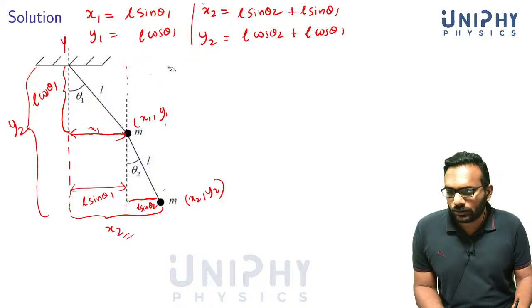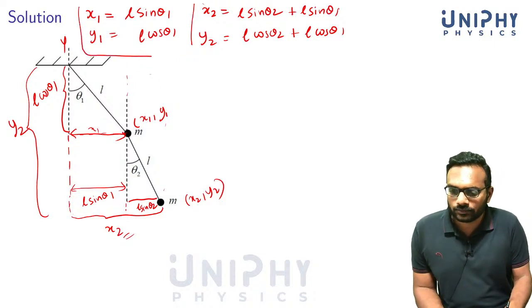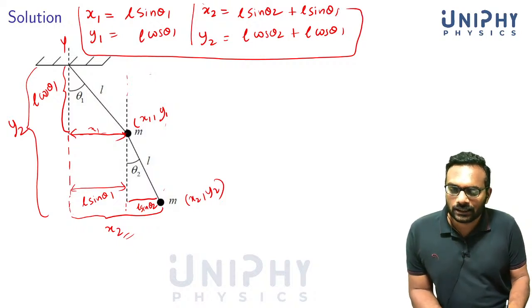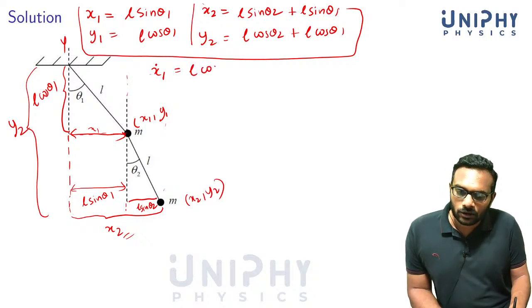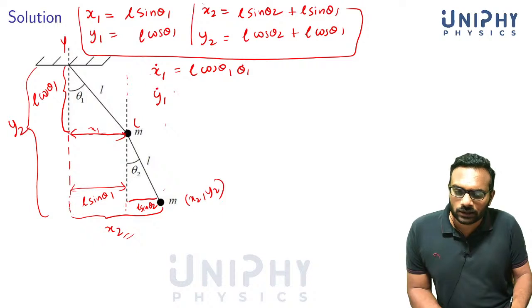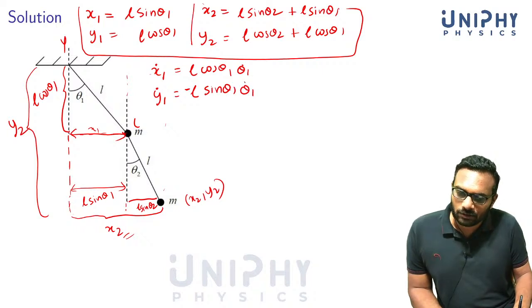Now it's just a matter of taking the derivatives and squaring them. So we see that x1 dot is equal to L cos theta 1 dot, you just take the time derivative. And what's y1 dot? y1 dot is equal to minus L sin theta 1 dot.